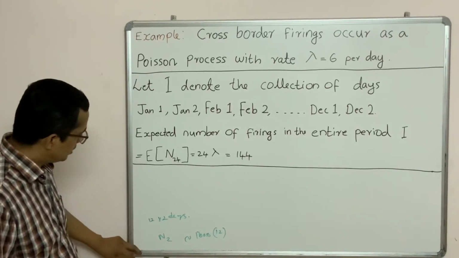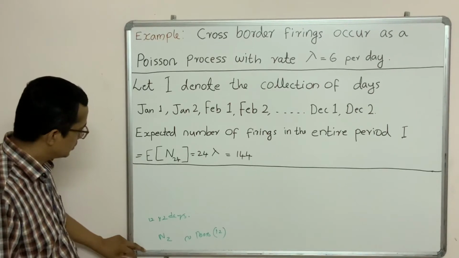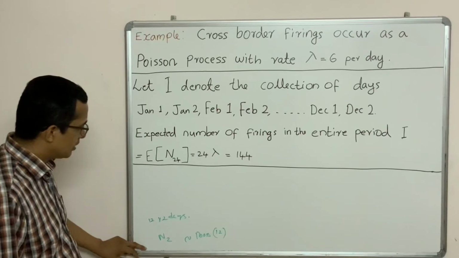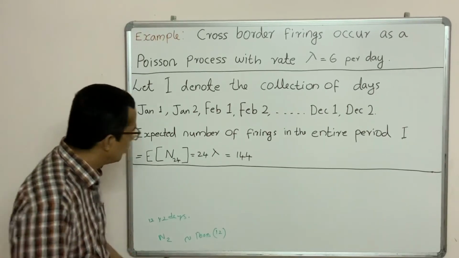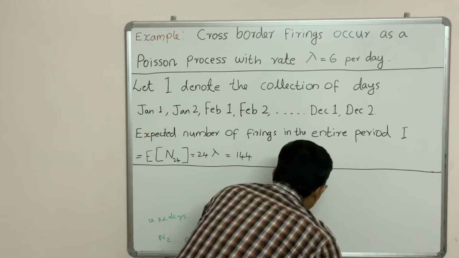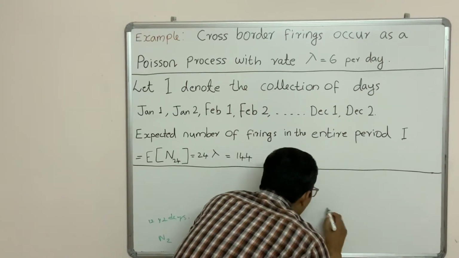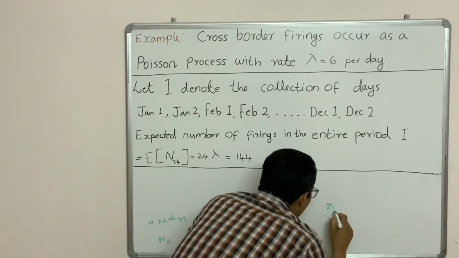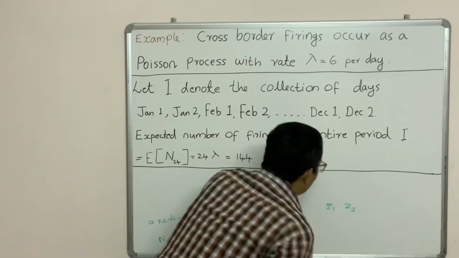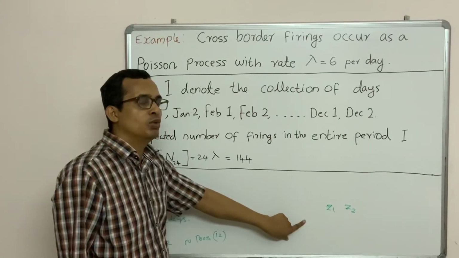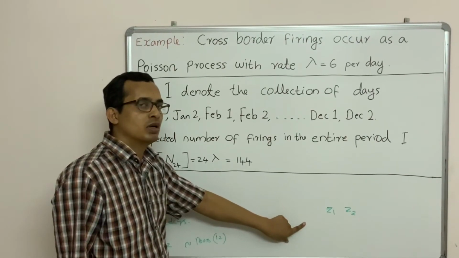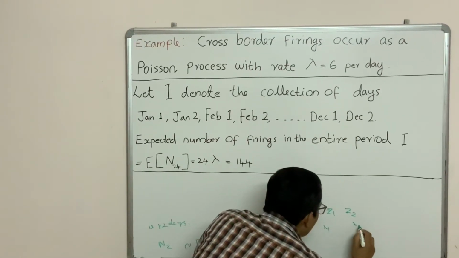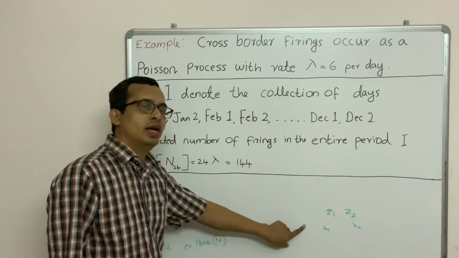In fact, what we are using here implicitly, one fact that will be helpful in the future to do many other problems, is this: suppose we have 2 independent Poisson random variables, Z1 and Z2, Z1 with parameter lambda 1, Z2 with parameter lambda 2, and they are independent.